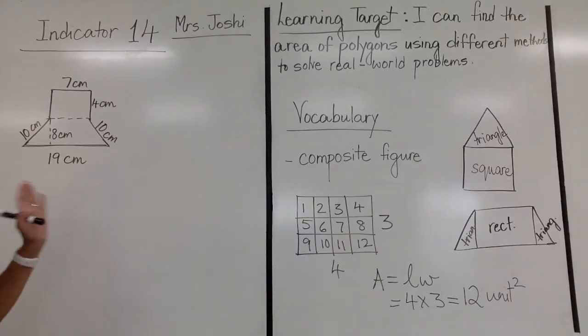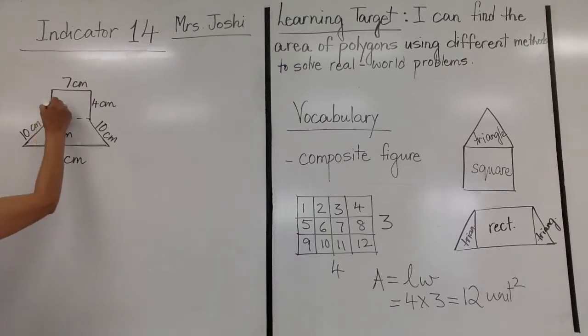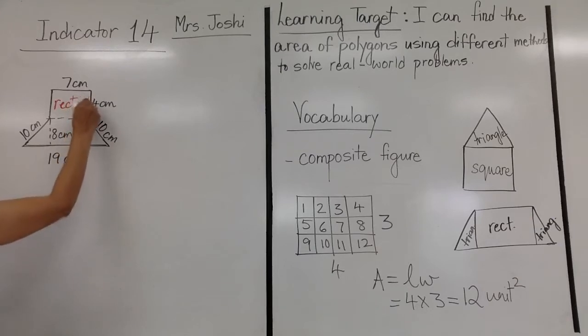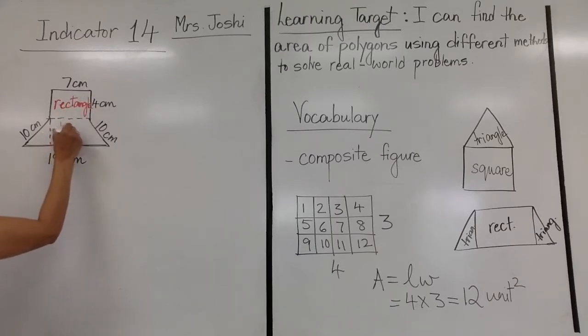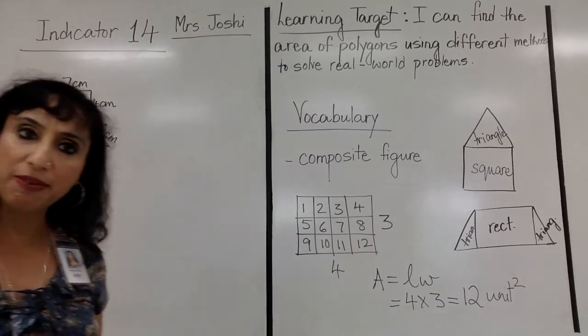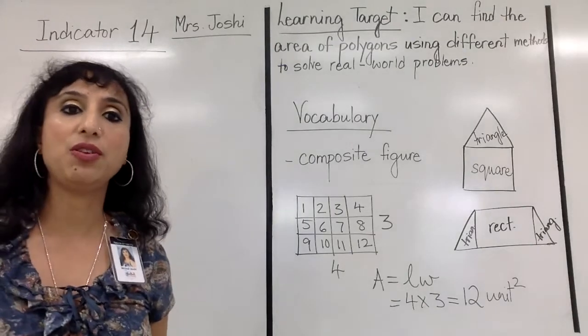So if I look at this shape, I have two shapes over here in this composite figure. I have a rectangle and I have a trapezoid. Now when I am trying to find the areas of these two, I have to find the area of each shape first, and then add them.